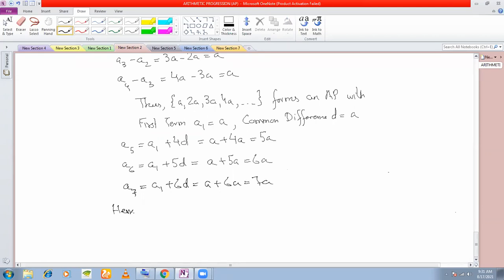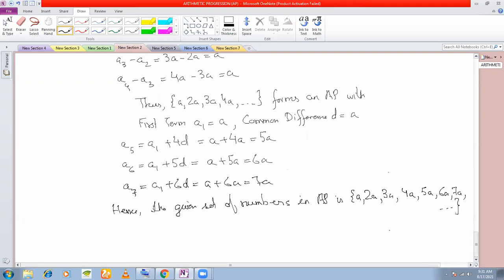So we can write this as, hence, the given set of numbers in AP is A, 2A, 3A, 4A, and then the next three terms we have found out as 5A, 6A, 7A, and so on. Okay, and the last one.